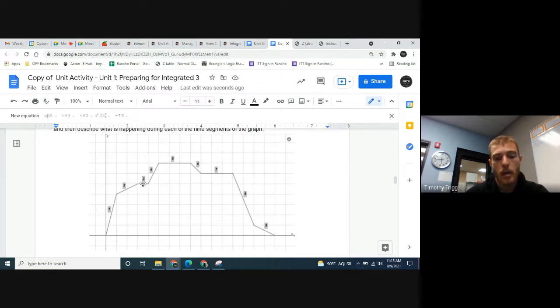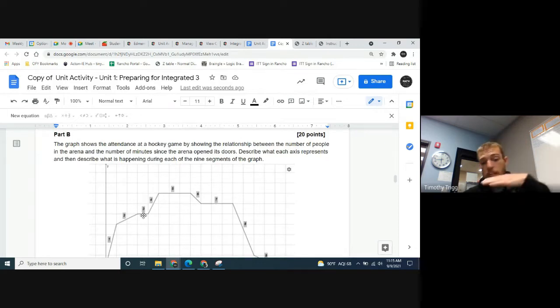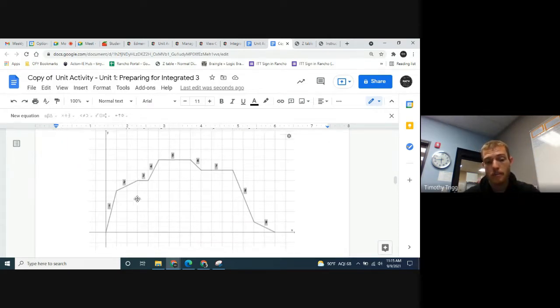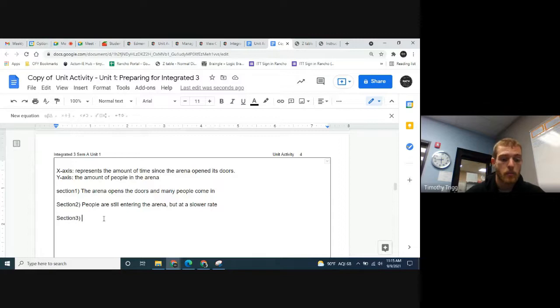Well, here, basically no one is coming to the arena, right? The population stays consistent during that period of time. Okay, so nobody is entering or leaving the arena during this time.